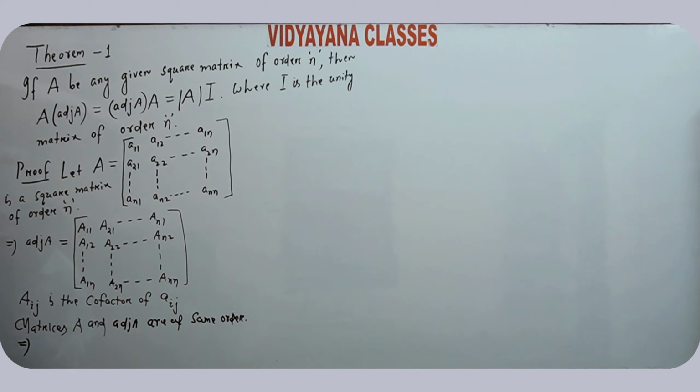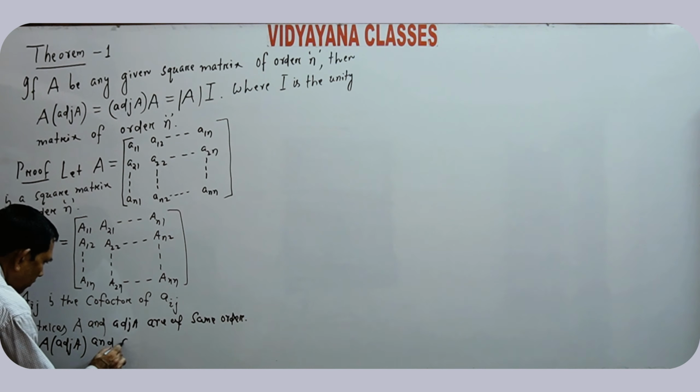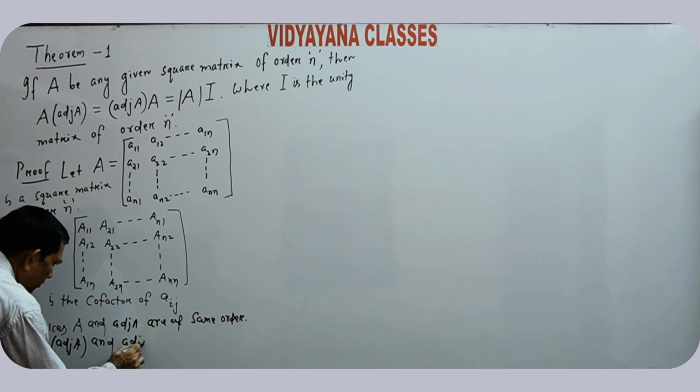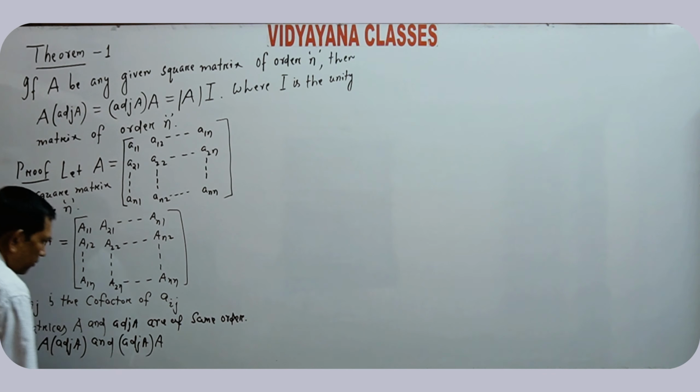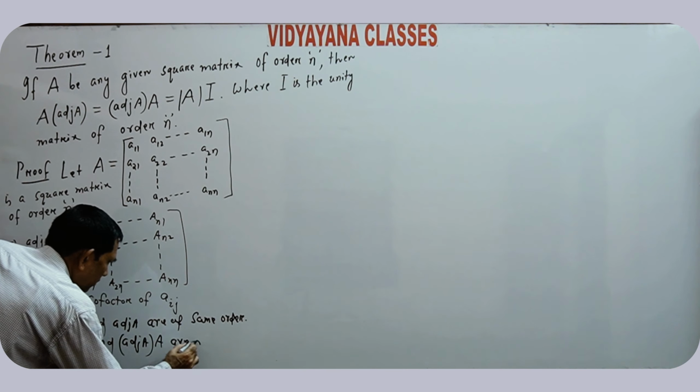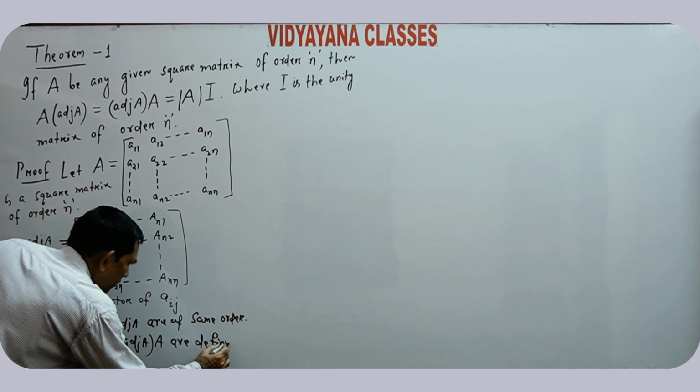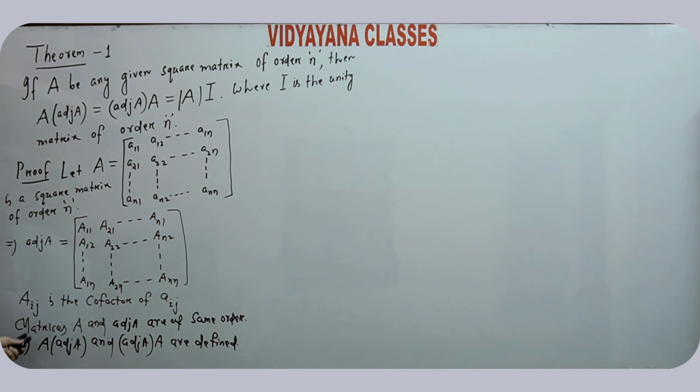Implies A into adj A and adj A into A are defined. Clear? Since A is a matrix of order n and adj A is a matrix of order n, so A into adj A and adj A into A are defined.